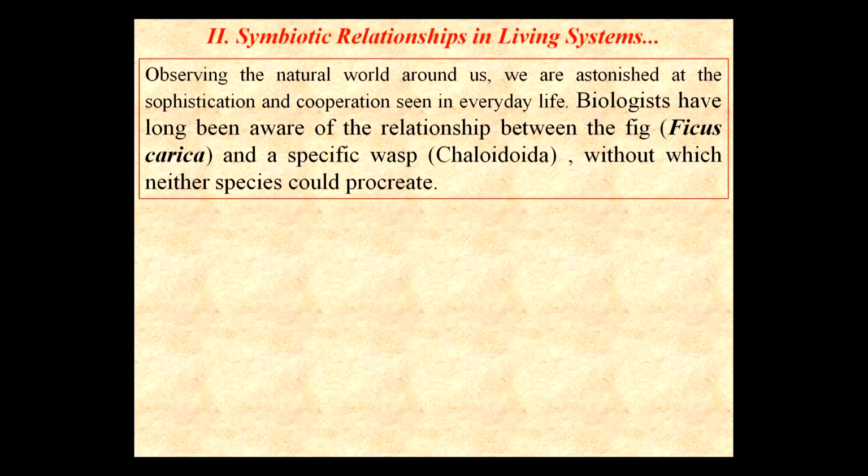Observing the natural world around us, we're astonished at the sophistication and cooperation seen in everyday life. Biologists have long been aware of the relationship between the figs that we like to eat, Ficus carica, and a specific wasp, Calioida, without which neither species could procreate. Now wait a minute.